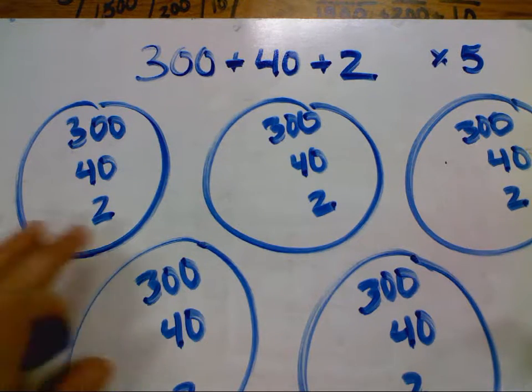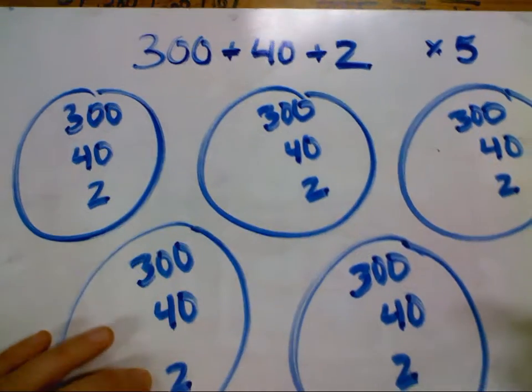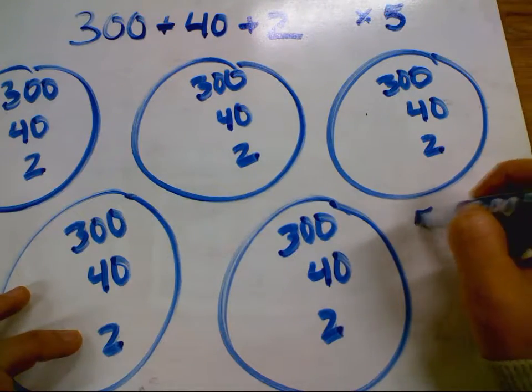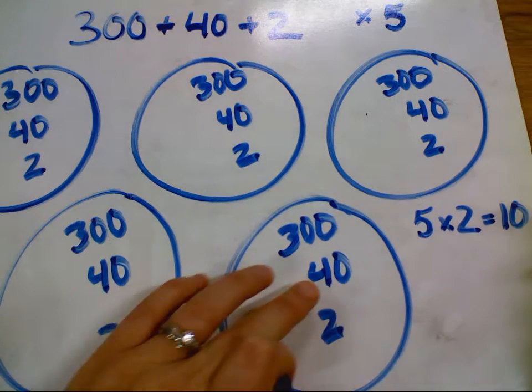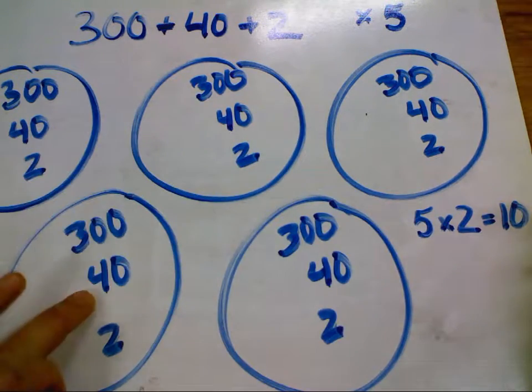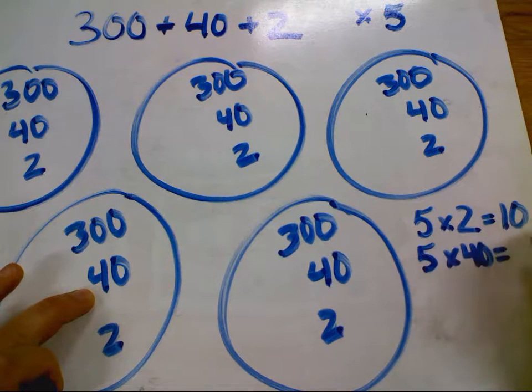If I have 5 2s, that's the same thing as 5 times 2, which gives me 10. If I have 5 40s, that's the same thing as 5 times 40, which gives me 200.